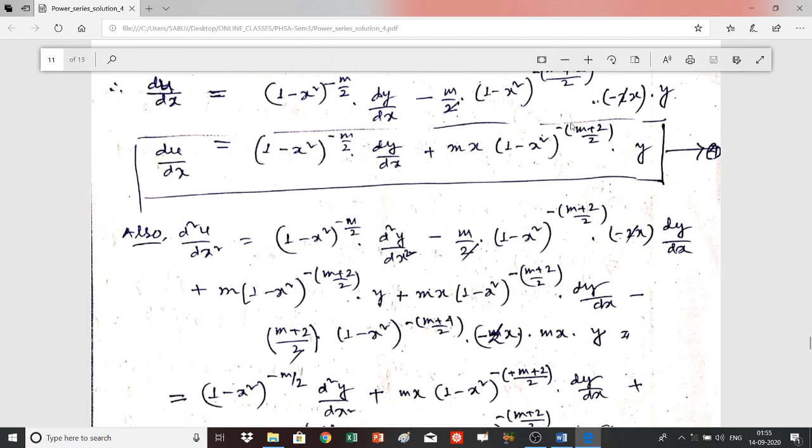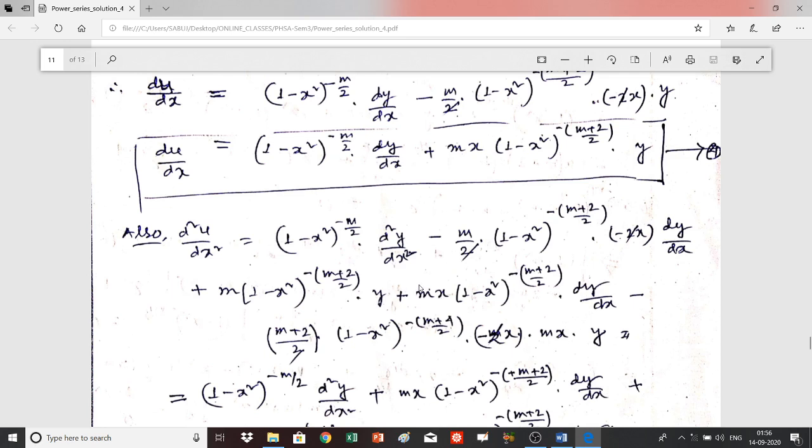And then for this term, if x is differentiated in the first case, it will give you m into (1 minus x squared) to the power minus (m plus 2) by 2, and into y.